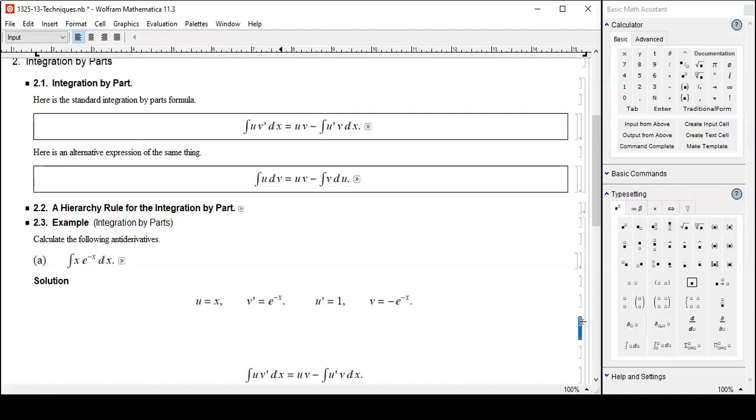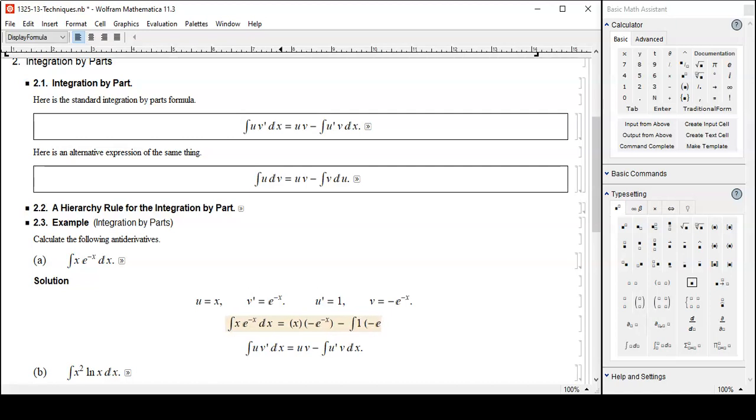So u is x, and this is v prime, so v is this. So u times v is x times negative e to the negative x, minus the integral of u prime, which is 1, times v, which is negative e to the negative x, dx.